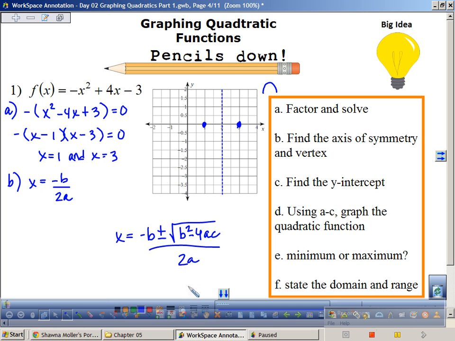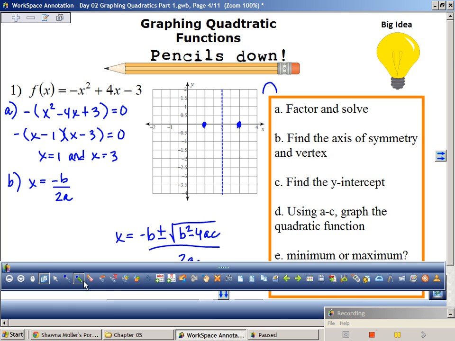What does that do for us? It gets us x. It gives us our zeros. If we can't factor, and we can't complete the square, our last resort is this.